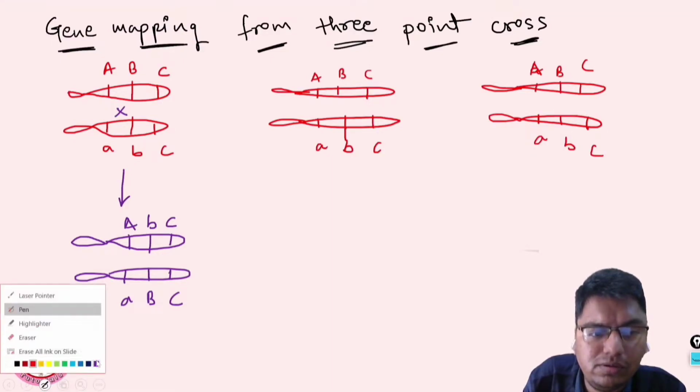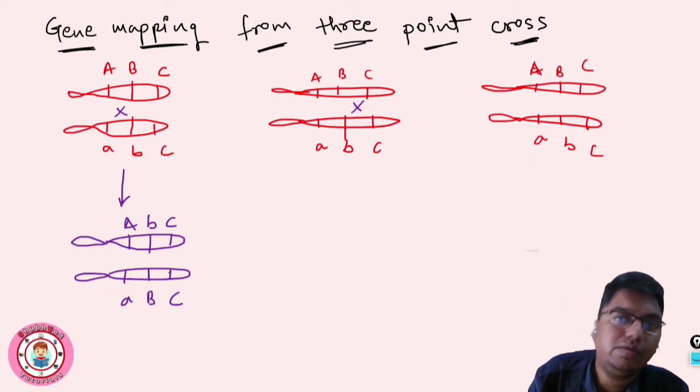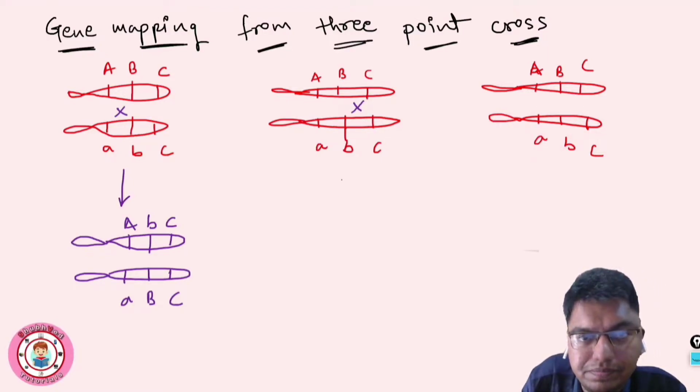So now the next cross is between B and C. So again, what will be here?